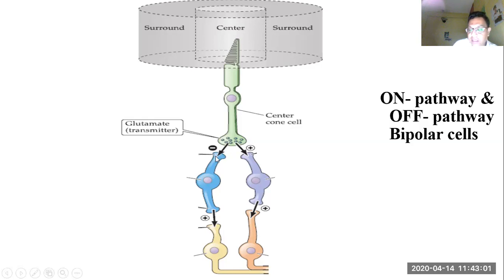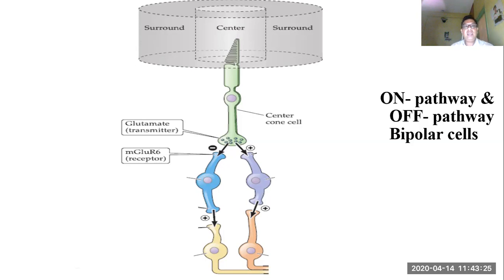We have receptors here. These receptors are metabotropic glutamate receptors. As you are well aware, there are two kinds of receptor, metabotropic and ionic receptors. This is a metabotropic receptor.